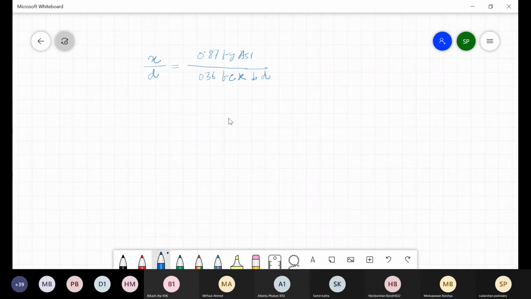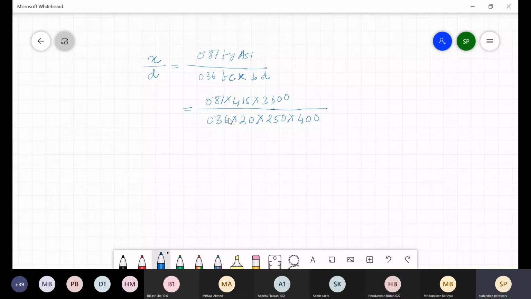So this is equal to 0.87. fy is equal to how much? 415. Ast is equal to 3600. 0.36, fck is equal to 20. B is given 250. And D is equal to 400.